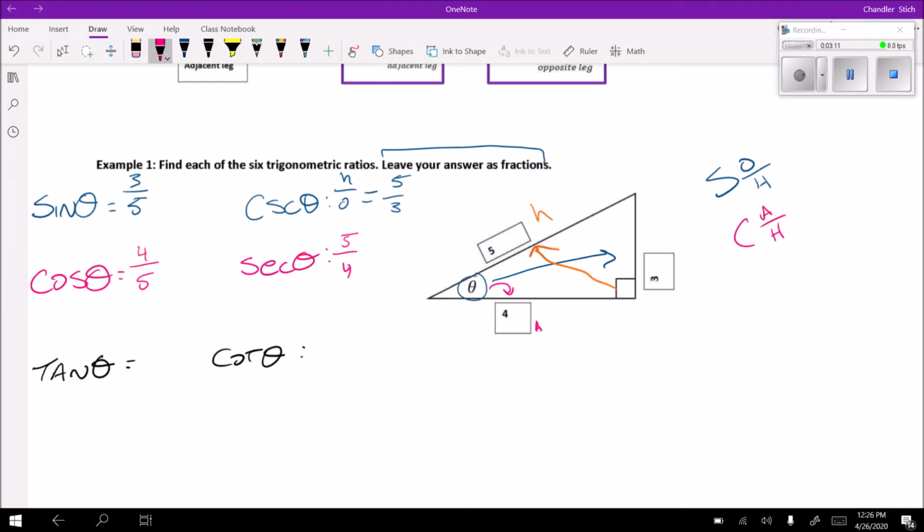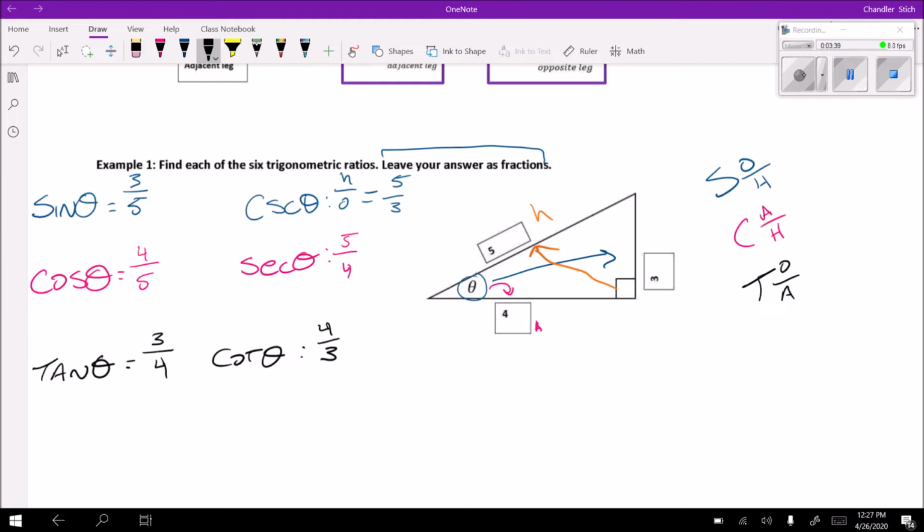Tangent, opposite over adjacent. Opposite was 3, adjacent is 4, so my tangent is 3/4. Cotangent would be the reciprocal of that, or 4/3. Okay. We do have ways of actually solving here for theta, but we're not trying to find that right now.